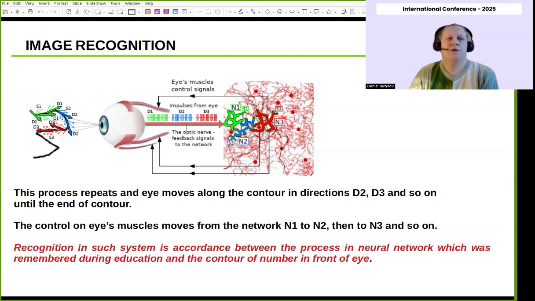This process repeats, and the eye moves along the contour in directions D2, D3, and so on until the end of the contour. The control of the eye's muscles moves from the network N1 to N2, and then to N3, and so on. So recognition in such a system is accordance between the process in the neural network, which was remembered during education, and the contour of the number in front of the eye.